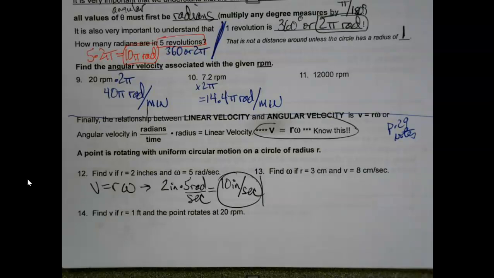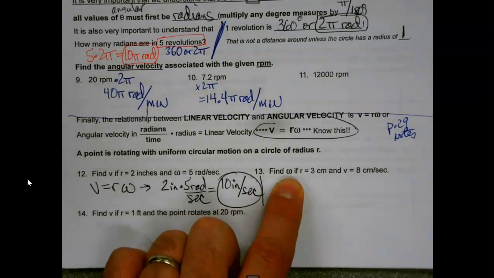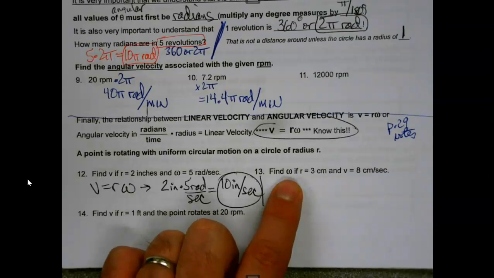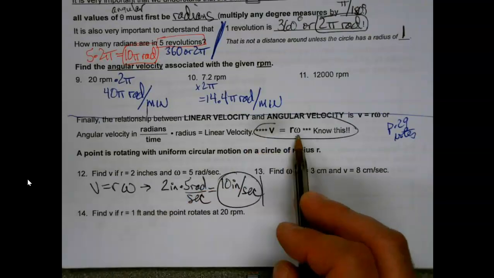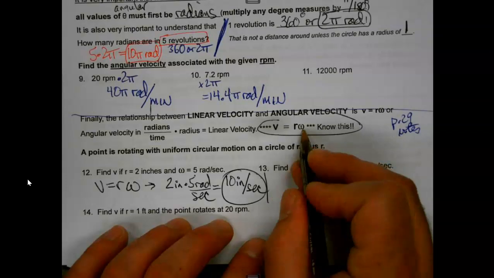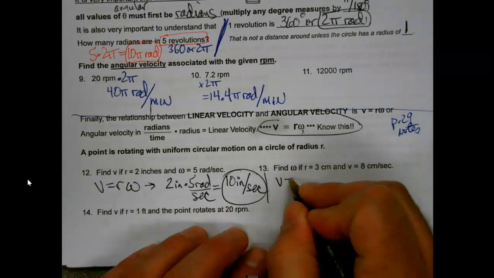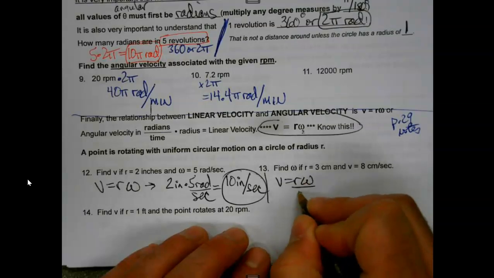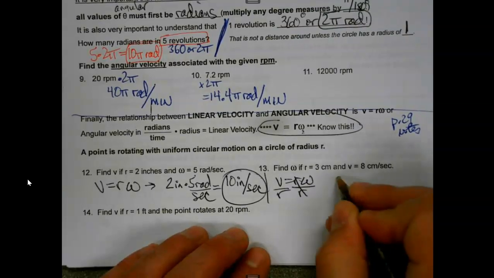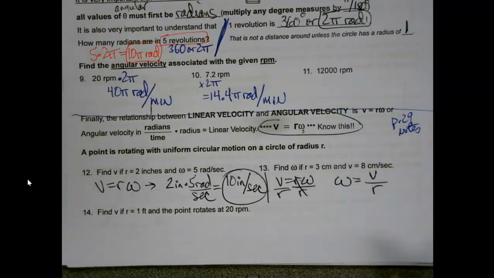However, if we're looking for angular velocity, let's manipulate a little bit. I'm not going to put this in the same equation. If I want to solve for omega, I take linear velocity divided by the radius.